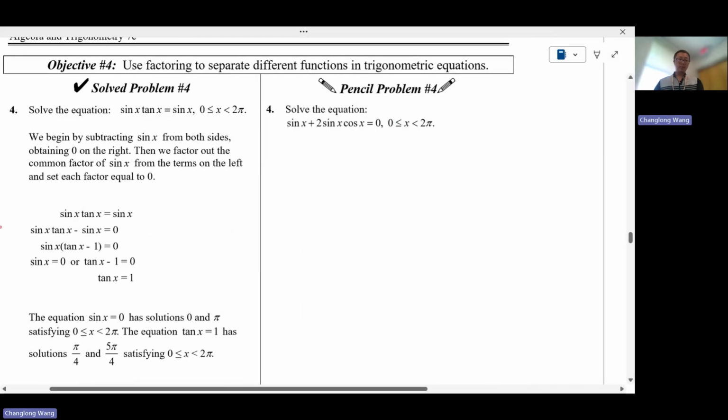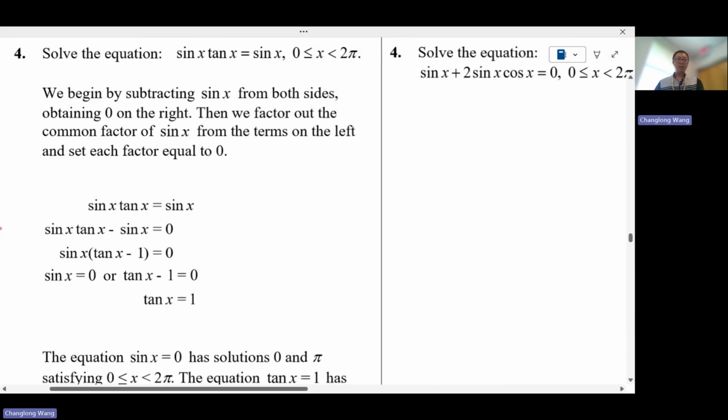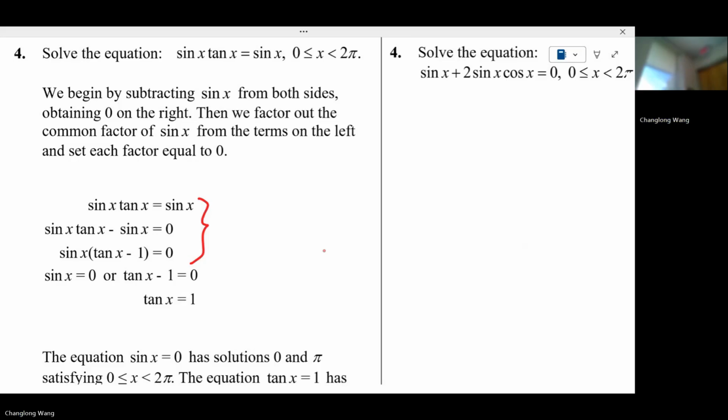And guess what? Number 4, take a look at the step from here to the 3rd line. All right, so that's the original equation. They subtract the sine, right, to have everything on one side, and they factor out the sine of x. Again, factoring, right? And use the zero product rule to find out sine of x equal to 0, right?